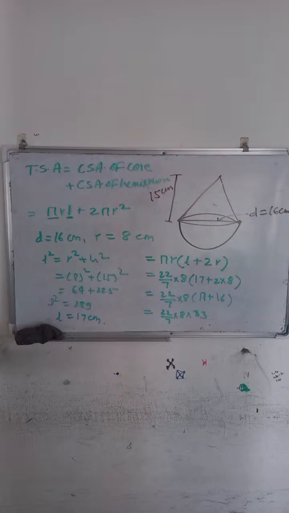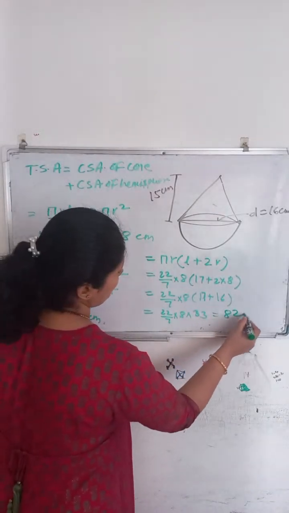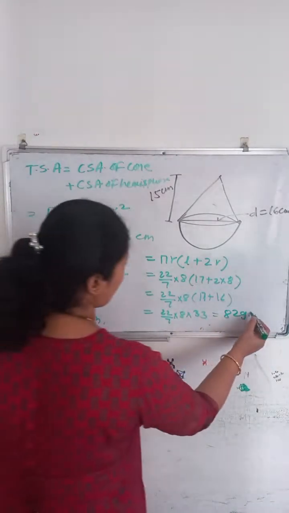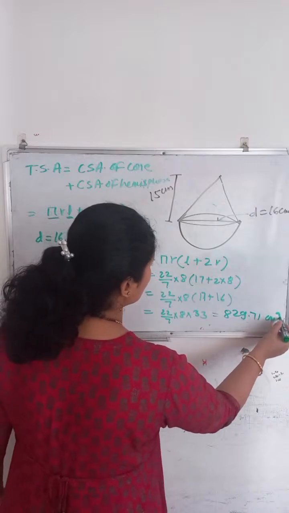The answer you will get is 829.71 if you simplify this calculation. That is 829.71 centimeter square.